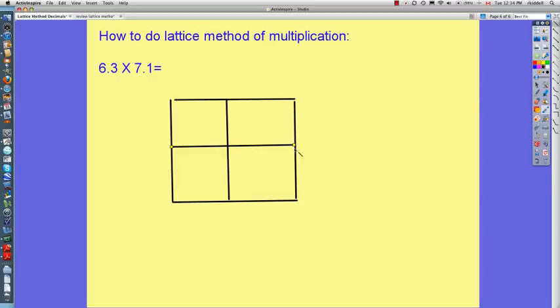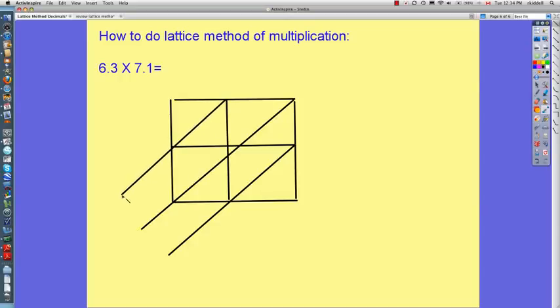And draw the diagonal line. Nice having automatic ruler on these things. Sorry, I should have done these lines a bit longer, just to break it up.